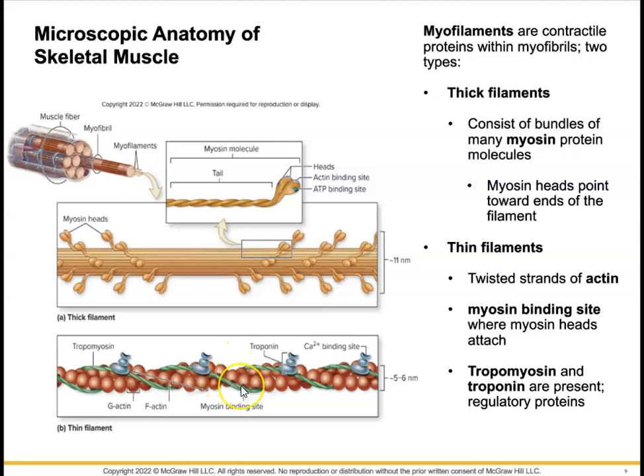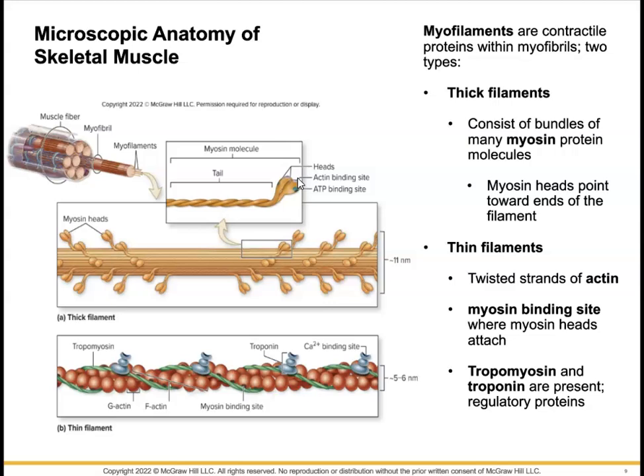That is a myosin binding site. So these myosin heads with their actin binding sites want to hook up with the actin that has myosin binding sites. So your actin has sites for myosin, your myosin has sites for actin, so they can hook up together.